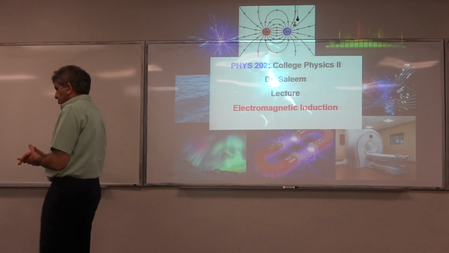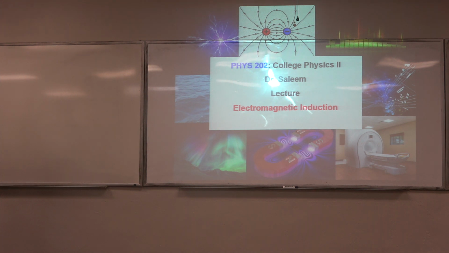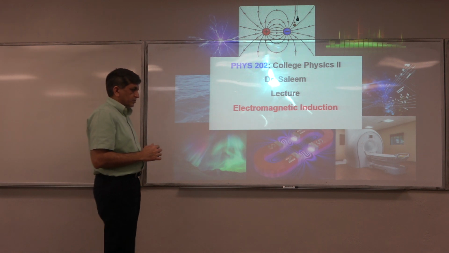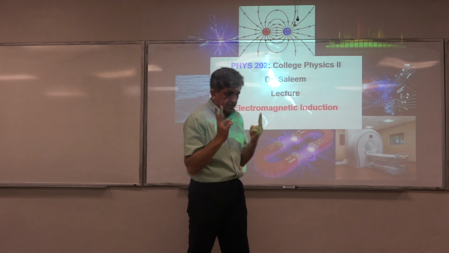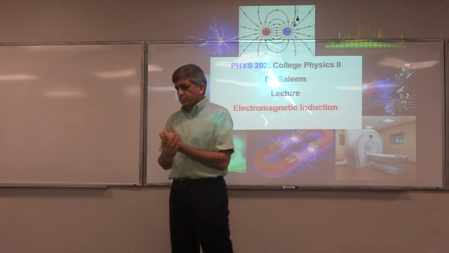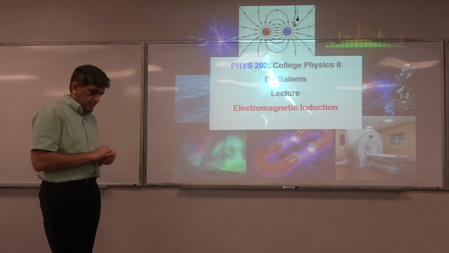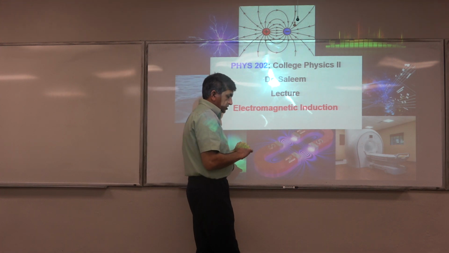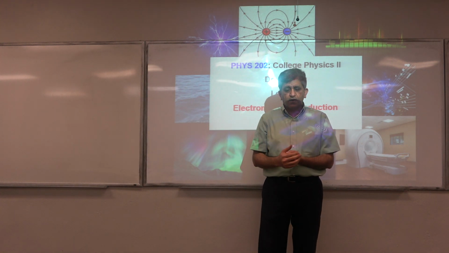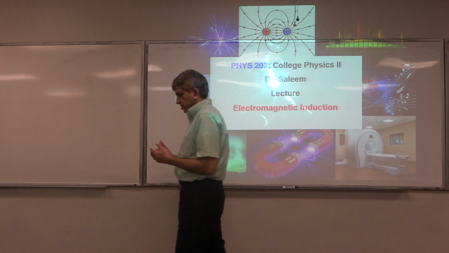Talking about the electric currents, then we started talking about magnets. We learned magnets are of two kinds: the north pole and the south pole, two poles of the magnet, just like the two kinds of charges, positive and negative.